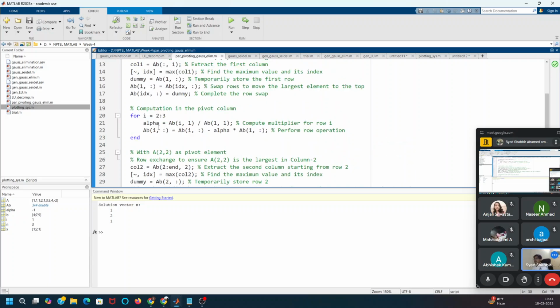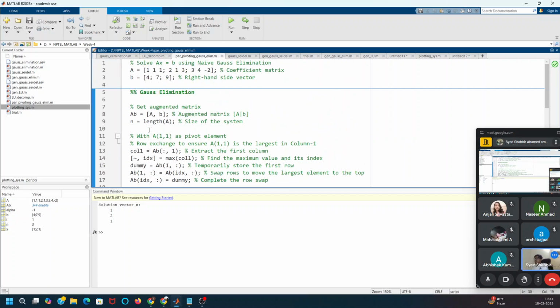Also, here the professor had taken this value also as dummy, but there will be a lot of confusion if you use the variable name dummy here and also dummy here.